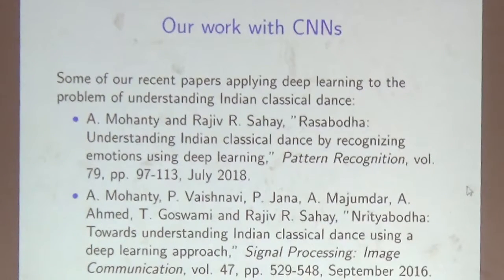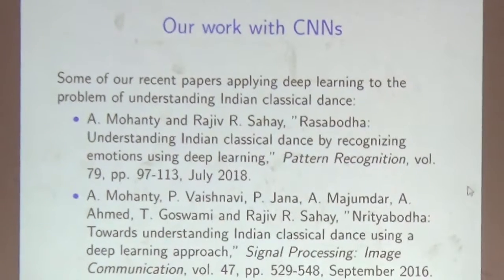There are a few classes which you can identify. You can also look at body postures of dancers, which in Bharatanatyam are codified as karanas. There are about 100 karanas in Bharatanatyam. We can identify body postures.